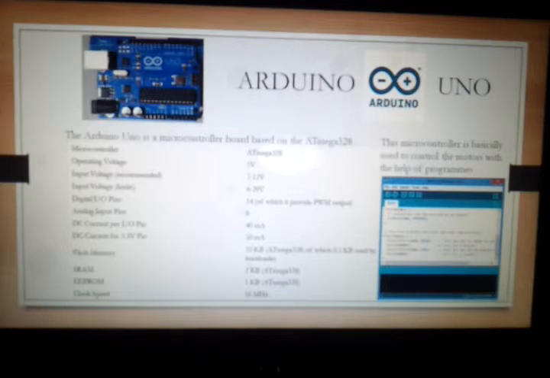This is a microcontroller. The Raspberry Pi is a microprocessor. So the question arises: what is a microcontroller and what is a microprocessor? A microprocessor is like a brain. You can program it as many times as you want and it will perform different tasks at the same time. But in the case of a microcontroller, you have one set of program which runs a particular task again and again.